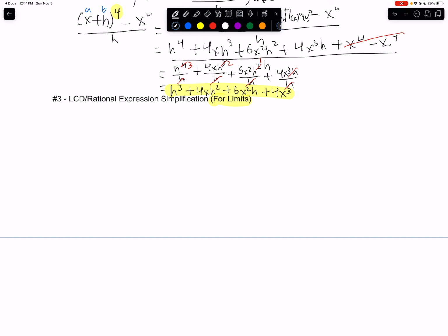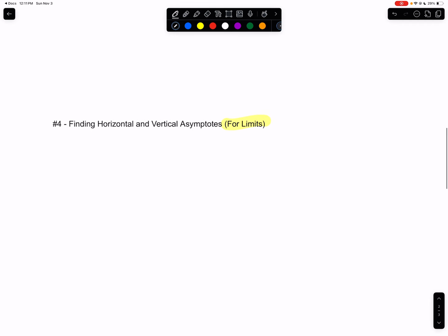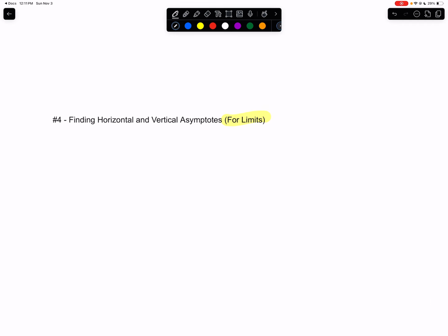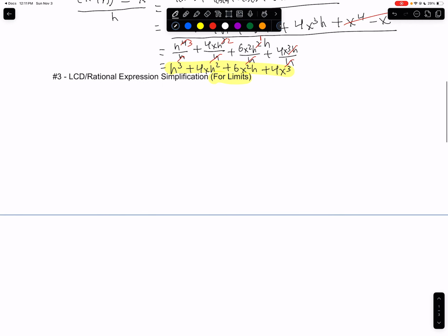But in the first month of calculus, you're just going to be doing a bunch of limits, and they'll expect you to do it using the algebra and trig that you know. Part of that involves rational expression simplification, and then of course finding horizontal and vertical asymptotes. I'm going to go over more techniques in a part 2 or part 3 of these types of videos. So LCD, right?